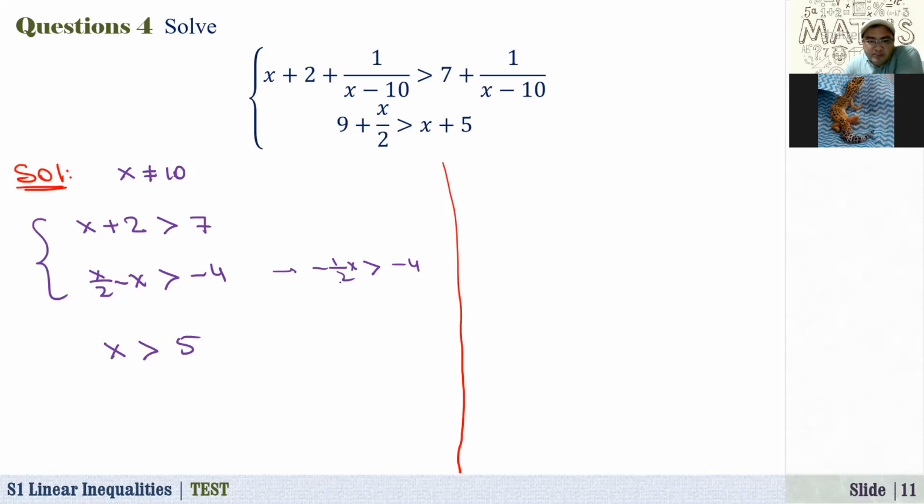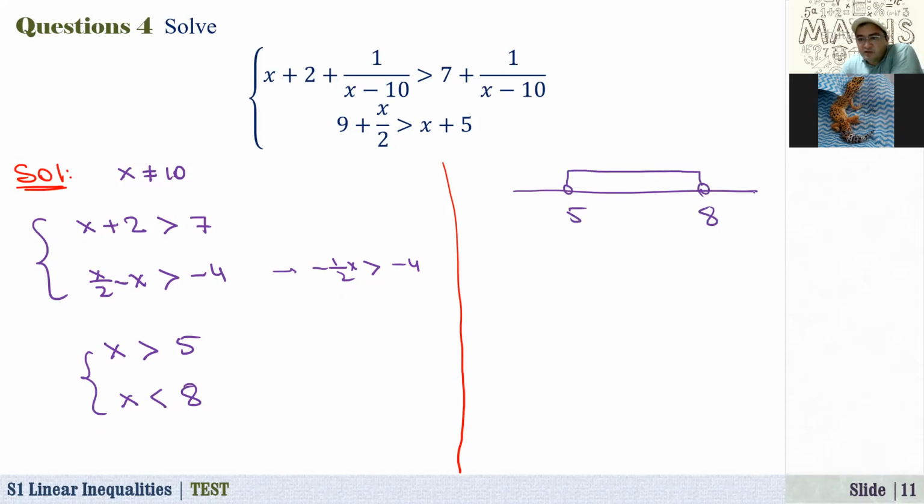So if you multiply both sides by -2, here we have x, and we also have to change the inequality sign. Here we have less than -4 times -2, that is 8. So actually the answer will be between 5 and 8. All the solutions are here.